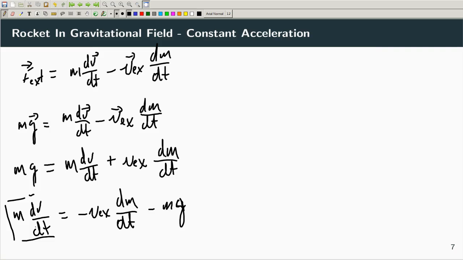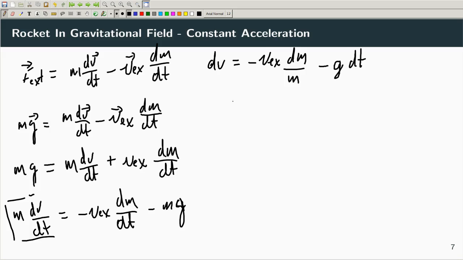So if we then divide by the mass and then multiply by a small time interval dt, we can get the following. So dv is equal to, so this is Tsiolkovsky's equation in modified form.